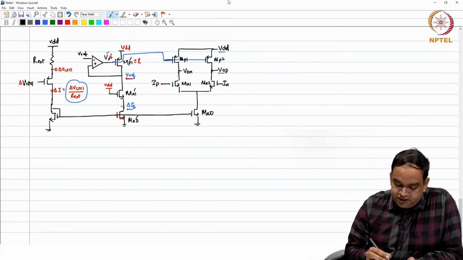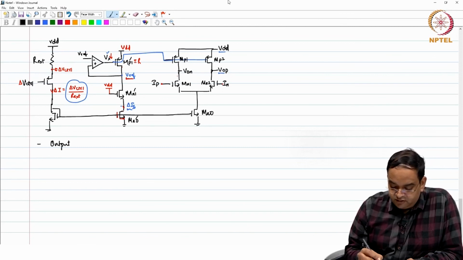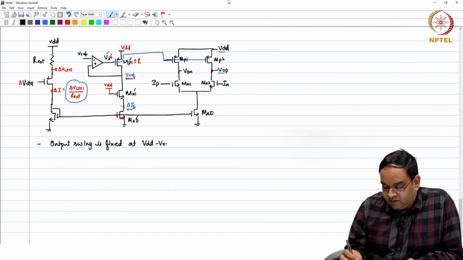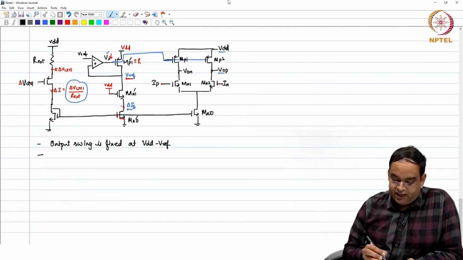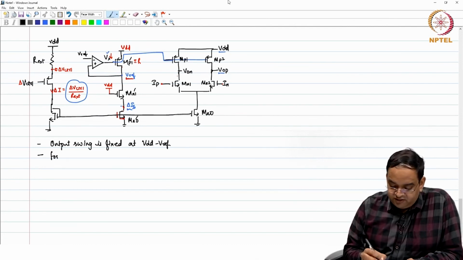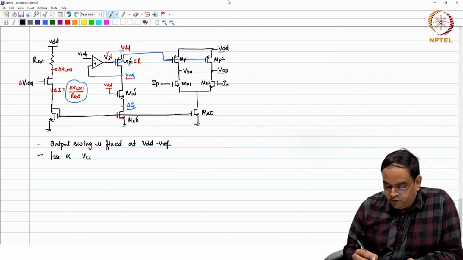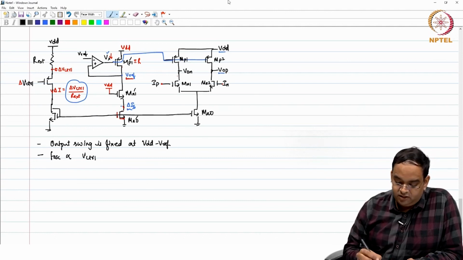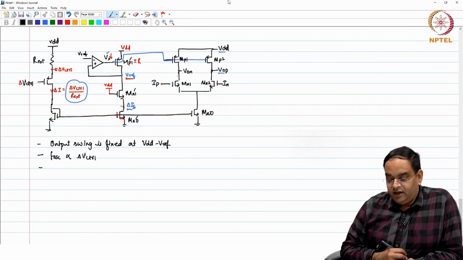So, what we have achieved in our configuration is that output swing is fixed at VDD minus Vref, and output frequency is directly proportional to delta V control.